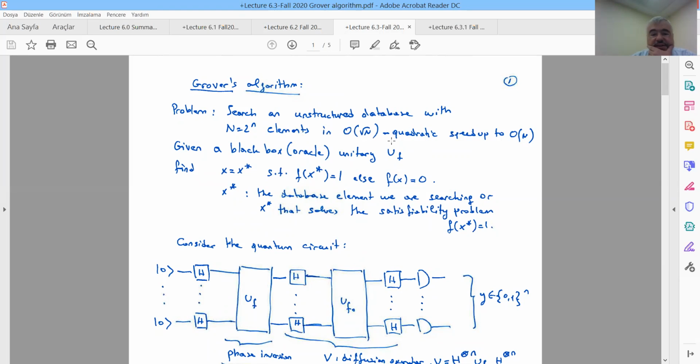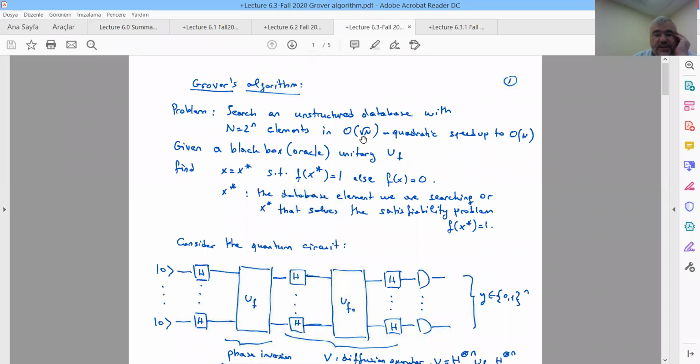The claim is that using a quantum algorithm, we can achieve a quadratic speedup with respect to the best known classical algorithm, which basically goes over all the elements in the database and needs order N searches.